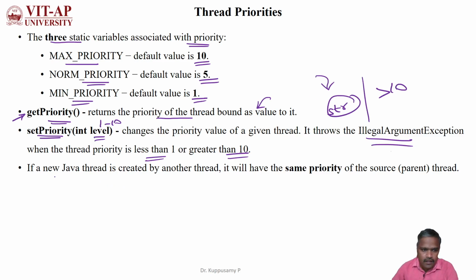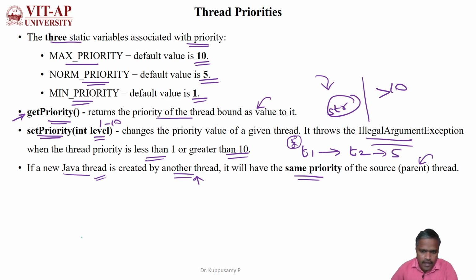If a new thread is created by another thread, that creating thread acts as the parent thread and the new one as the child thread, and the child will have the same priority as the source thread. Assume that T1 is the thread which is creating T2. T1 has the default value 5, so T2 will also be assigned the priority 5.